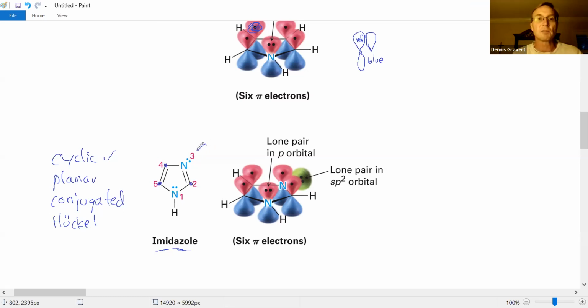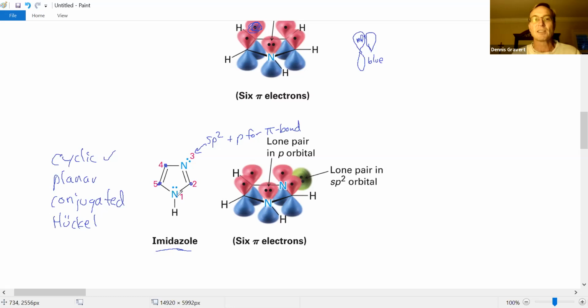So is this nitrogen with the double bond. It is most definitely sp2. It's got a pi bond. It's using a p orbital. sp2 is trigonal planar, flat triangle. So nitrogen's definitely flat here, as are the other carbons.